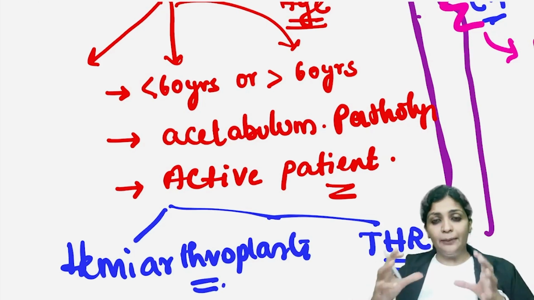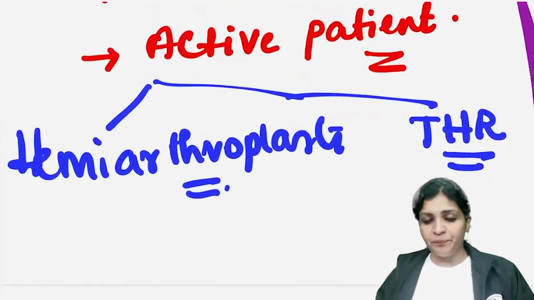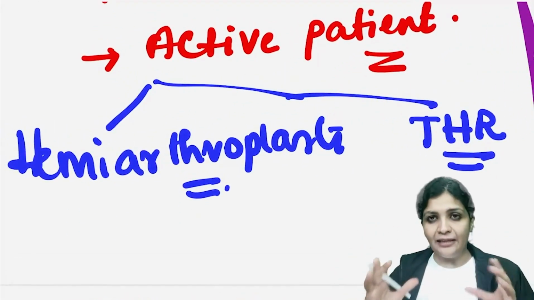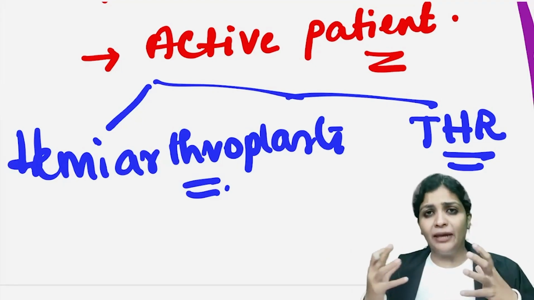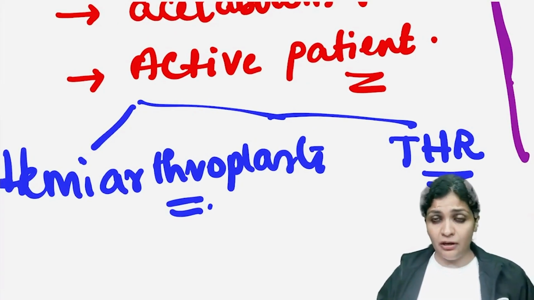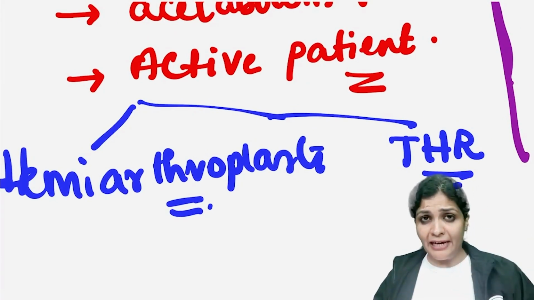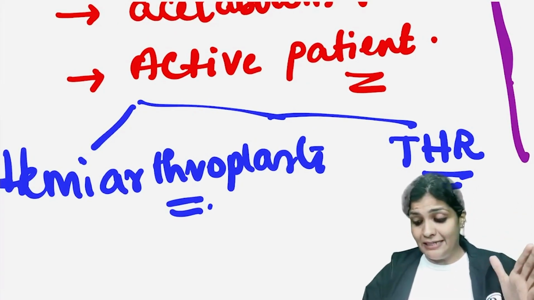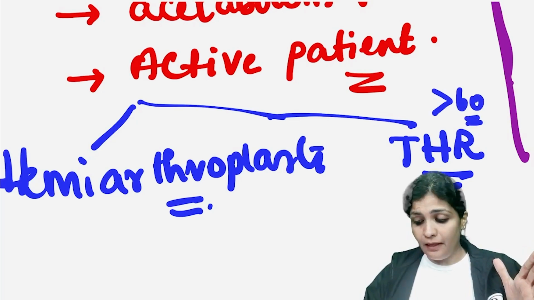Total hip replacement is a very lengthy procedure. For that, the patient has to be very, very active. So right away, if they tell there is an IC fracture and the patient is very, very active, more than 60 years, then you go for THR.